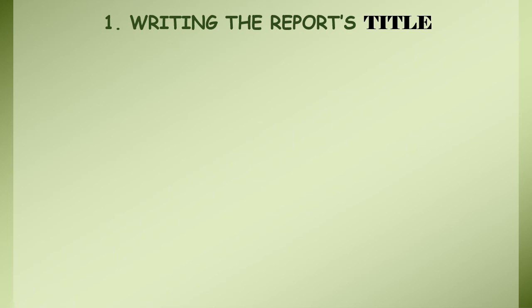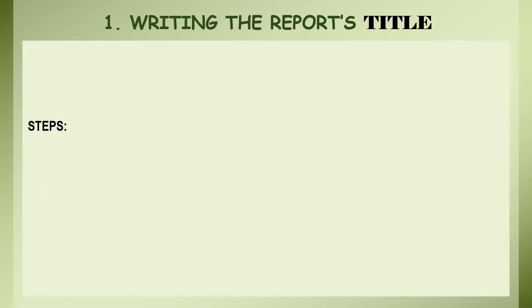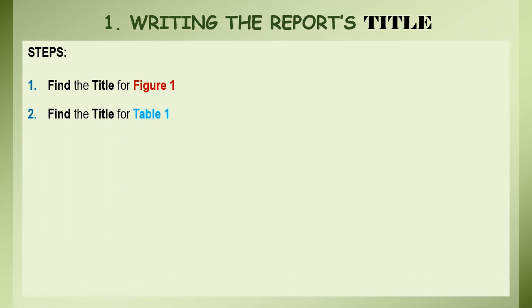Now, we are going to start writing the report. The first step is to write the report's title. Here are the steps. Step 1. Find the title for Figure 1. Step 2. Find the title for Table 1.